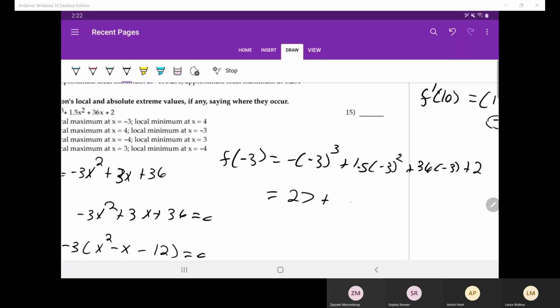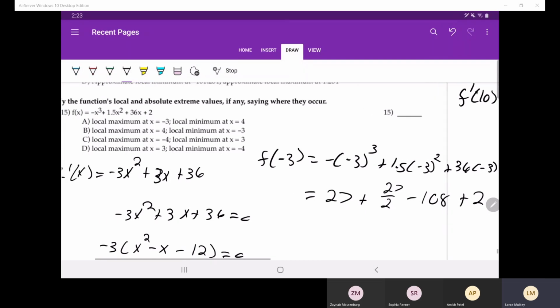So it's 27 over 2. We'll do this. Plus 36 times negative 3, which is actually a minus 108 plus 2. This doesn't seem right.